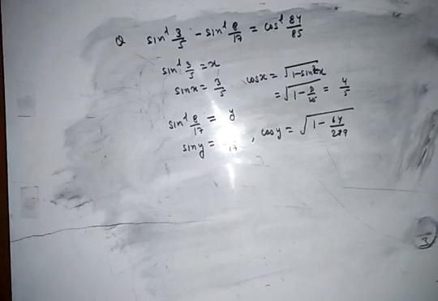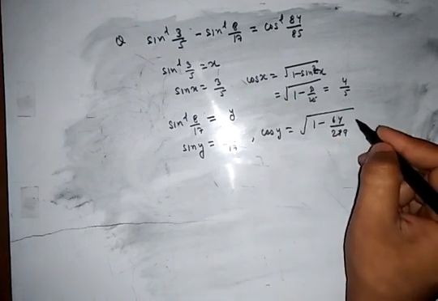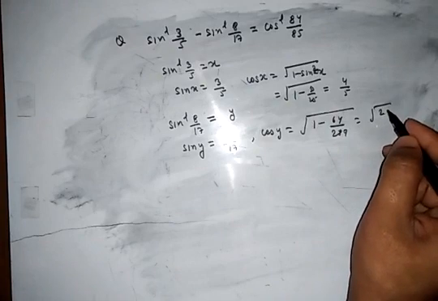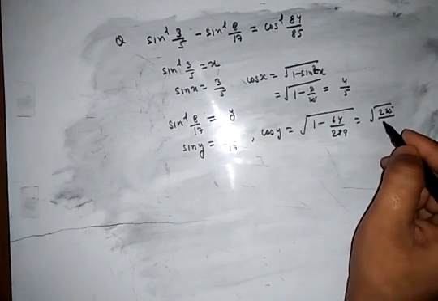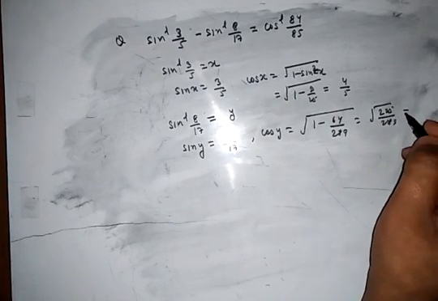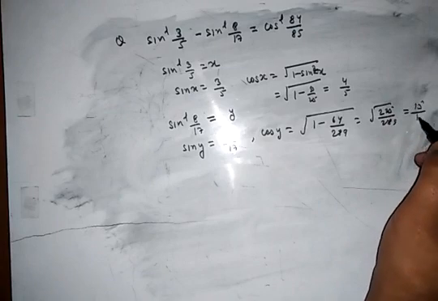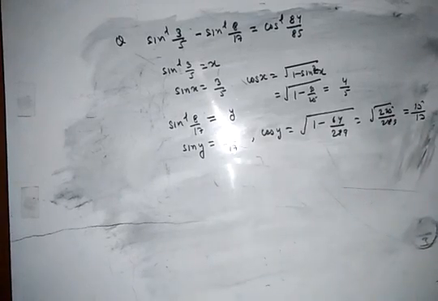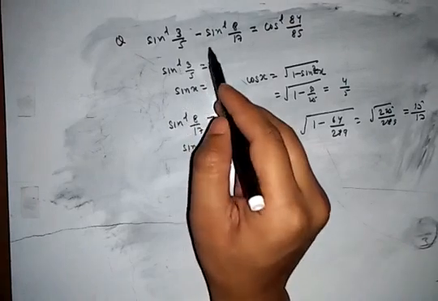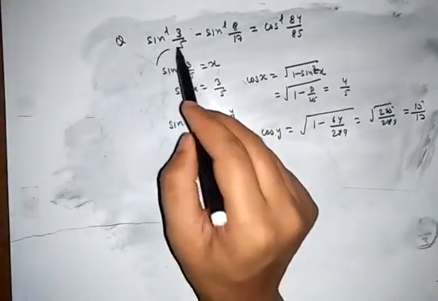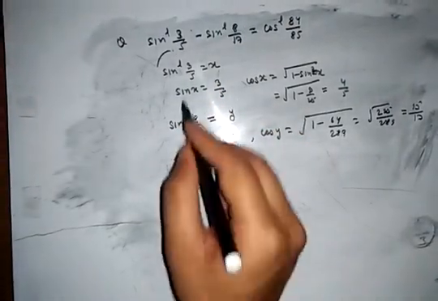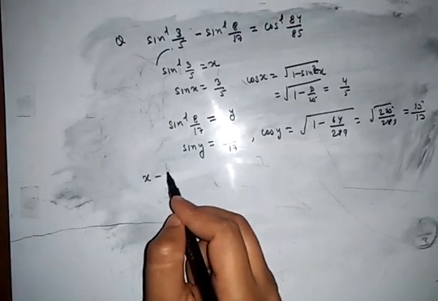Then you will get under root of 225 by 289, which is nothing but 15 by 17. So this is x and this is y. The question is x minus y.